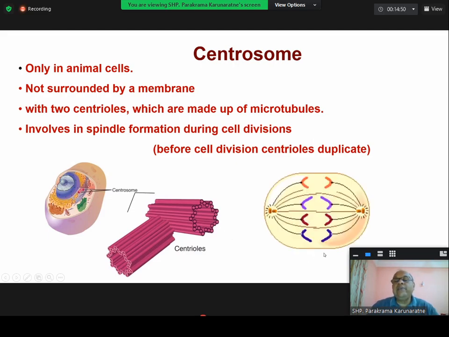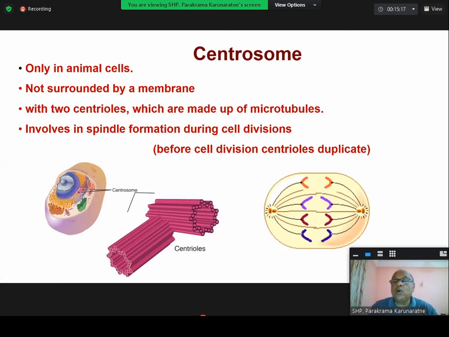Now this is a cell division here. So just before cell division, they duplicate. They duplicate means the centrosome divides and makes two centrosomes. These centrosomes go to two ends. These are called poles. Likewise, when the cell is dividing, they first mark the two poles, like a North Pole and South Pole.